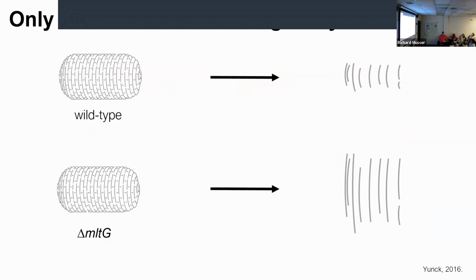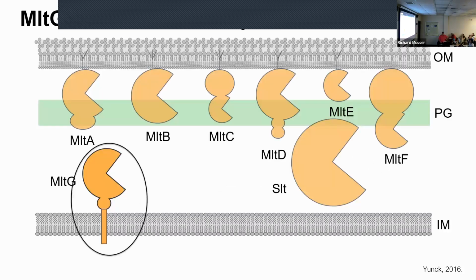And when we did this, or rather Rachel did this, what she found is that cells missing MltG have longer average glycan strand length. Previous research had found that Slt mutants do not. So it's looking like MltG has all of the properties of the glycan strand terminase.